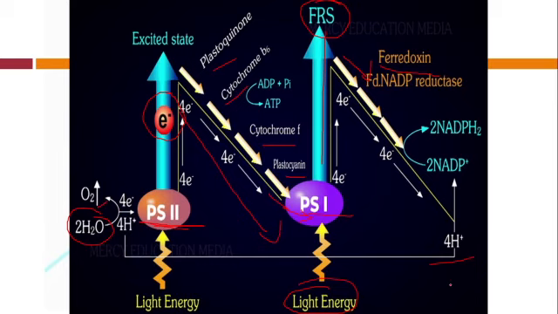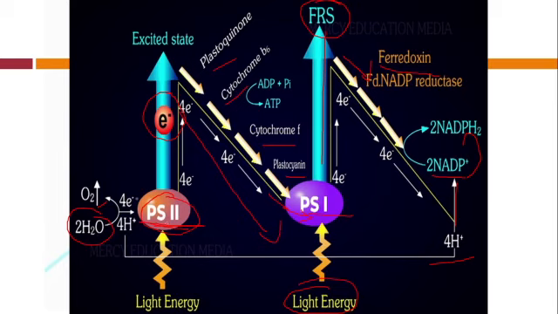This proton, hydrogen, is received by the NADP, and the result is the formation of NADPH2. The electron which is emitted from the photosystem second does not come back to the photosystem second.